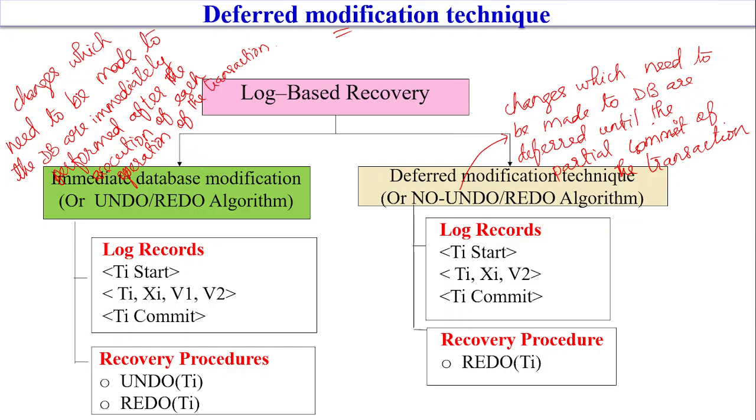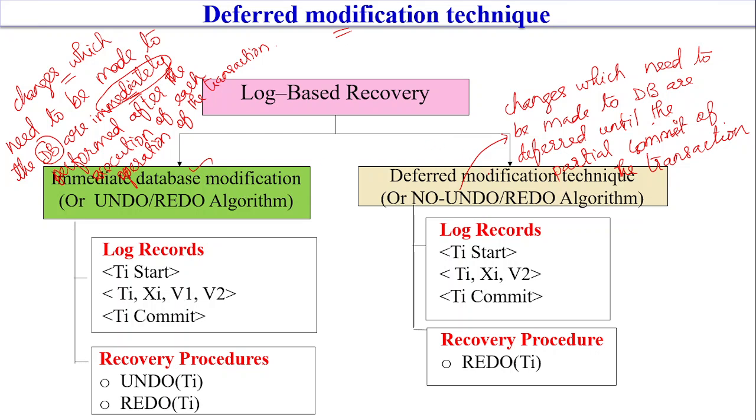In immediate database modification technique, changes which need to be made to the databases are immediately performed after the execution of each operation of the transaction and after making the corresponding entry into the log. That is the reason this technique is known as immediate database modification technique.